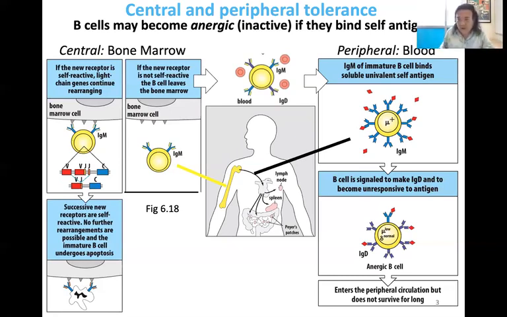So clearly we have a problem. Unfortunately, because this B cell has left the bone marrow, it's no longer in that correct tissue environment to try to do anything else with VDJ recombination or try again or whatever. So at that point, if its IgM starts binding up self-antigen, this B cell is not going to go any further.